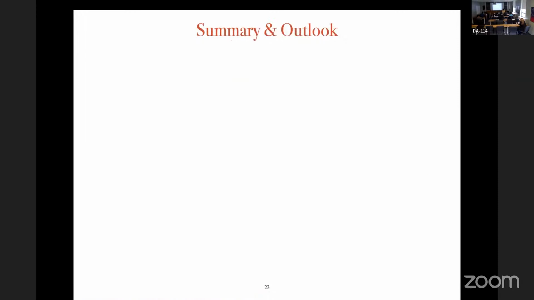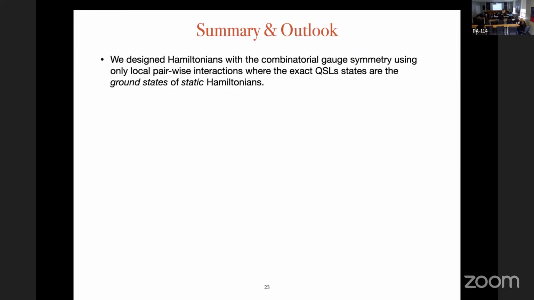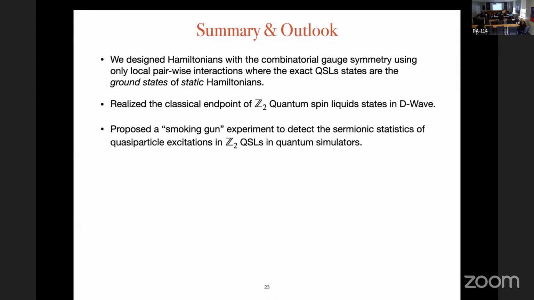So with that said, I would like to conclude. I guess I didn't use much time, but I would like to conclude my talk by giving you some summaries. First, we designed Hamiltonians with the combinatorial gauge symmetry using only local pairwise interactions, where the exact quantum spin liquid states are the ground states of the static Hamiltonians. And then we realized the classical endpoint of the Z2 quantum spin liquids in D-Wave.